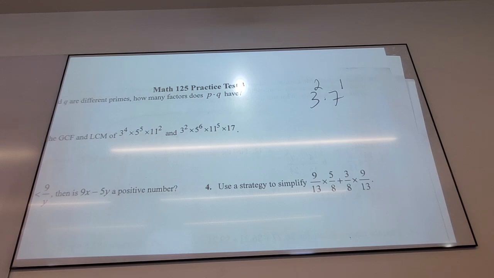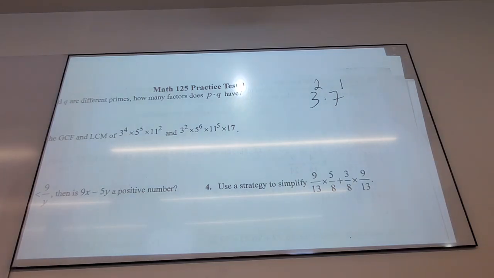Does 1 go into that number? Does 1 have a 3 in it? No. It's a weird question. So if I'm going to put together all the numbers that go into 3 squared times 7, I could use no 3s.